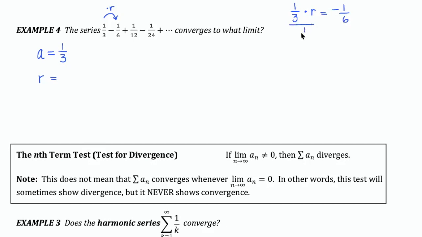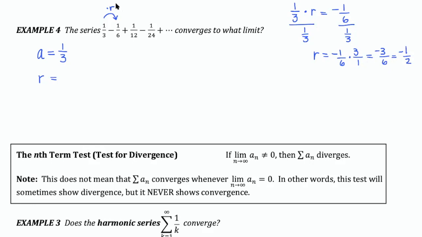So divide both sides by that 1/3, and I get my ratio is -1/6 divided by 1/3, which is the same as times 3/1, which gives me -3/6 or -1/2.